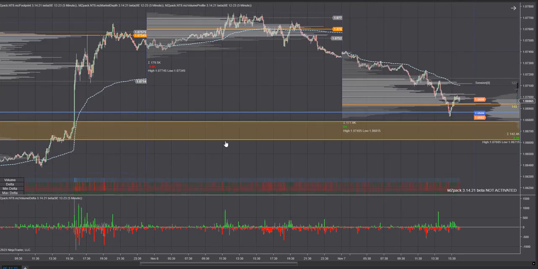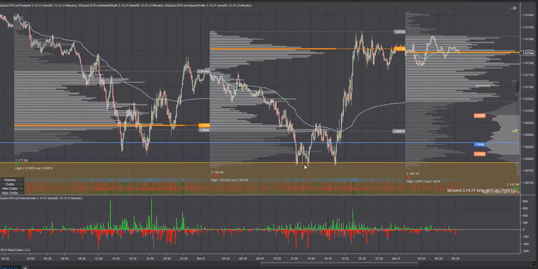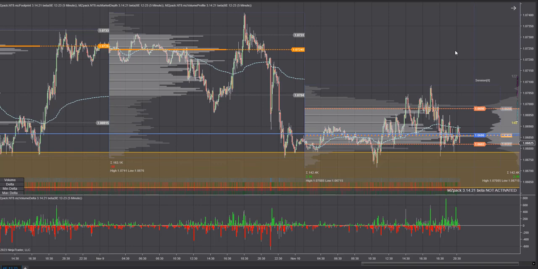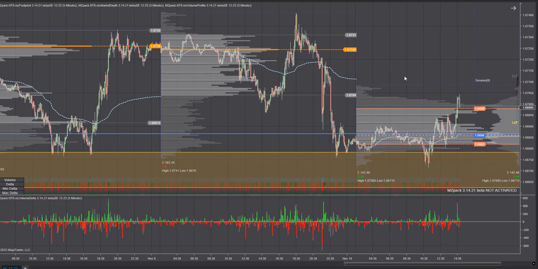Next time the price comes here, boom, look at it. Price started selling, hit this level, went up, hit this level, went up, broke the level, touched my zone, went all the way up. Touched the zone, went all the way up. So as long as the price is above this zone, long opportunities present themselves.